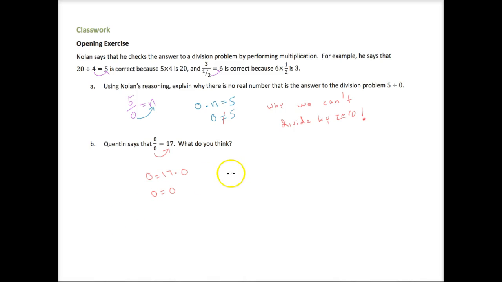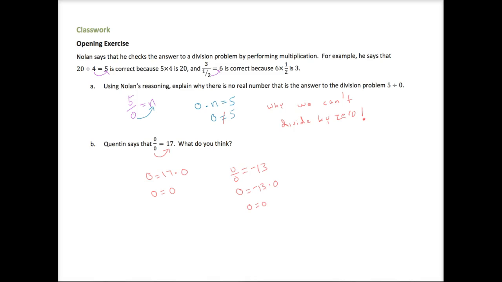But the problem is that we could also say that 0 divided by 0 could equal negative 13. And we could still prove it true. 0 equals negative 13 times 0, and 0 equals 0.